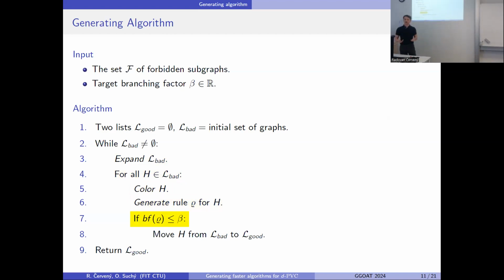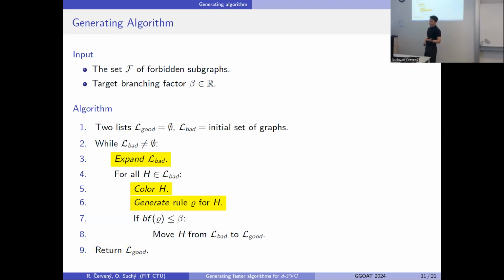And if the rule is efficient enough, we move it from the bad list to the good list. Yes, and you can see if this while loop terminates, we will be left with an empty bad list. Something will be in the good list, and we will be sure that for everything in the good list, the branching factor is what we want, and the rules are correct. Simple, right? Yes.